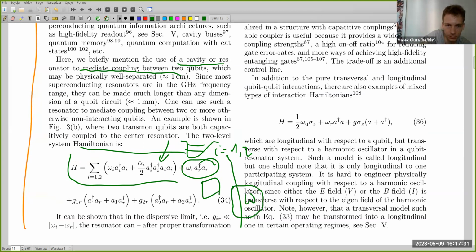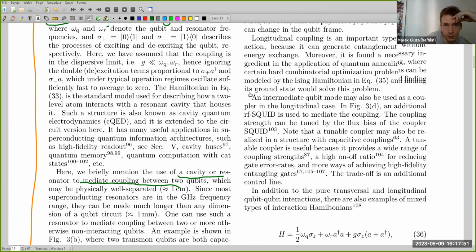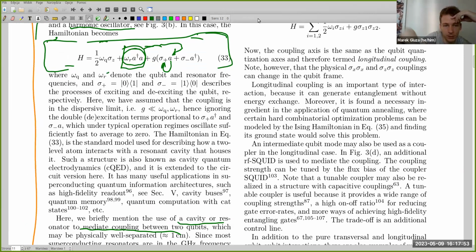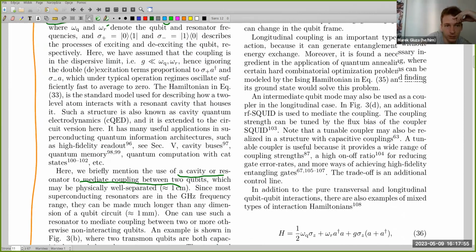That's my resonator with some frequency omega resonator, coupled here by some capacitor to another qubit. So this one has omega 2, this one has omega 1. So what's going on through this capacitive coupling, as we understood in equation, I guess, 33, we just repeat that stuff, but with some sub-indices.